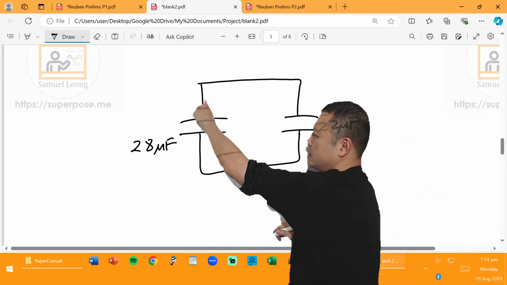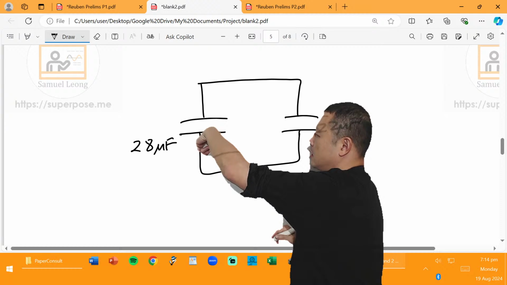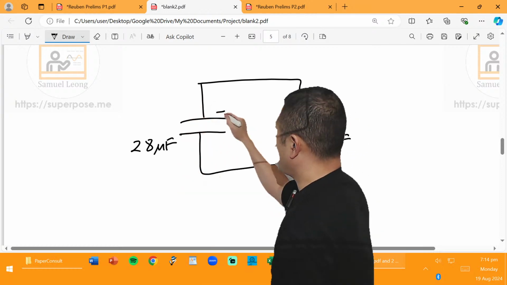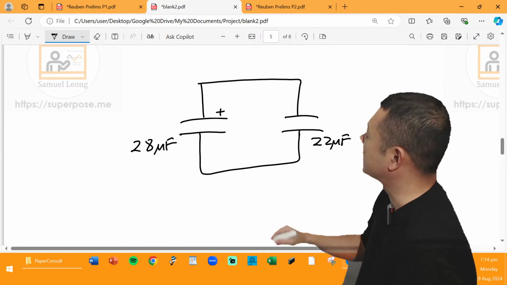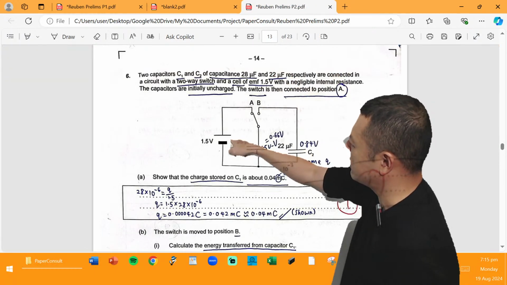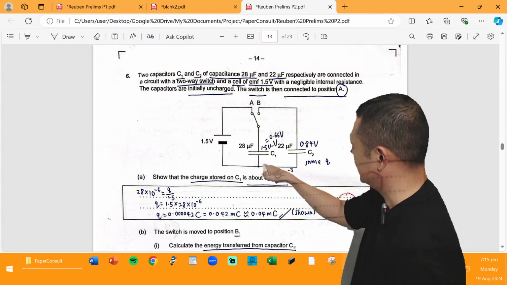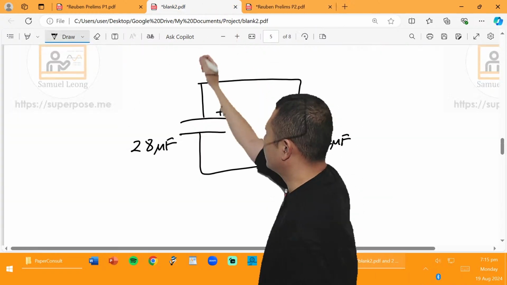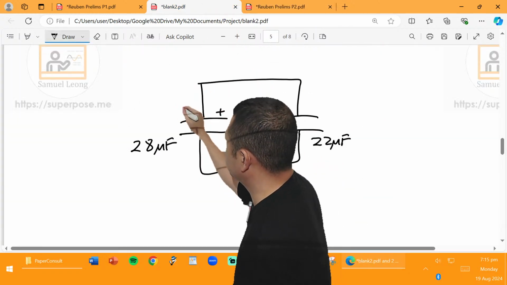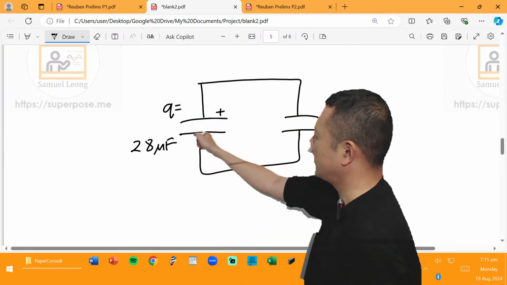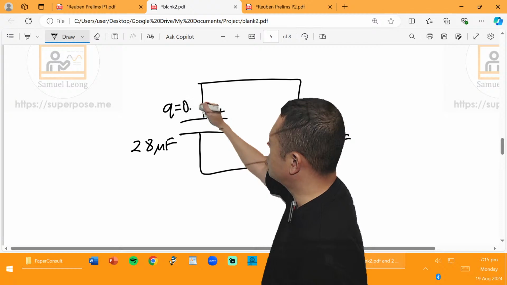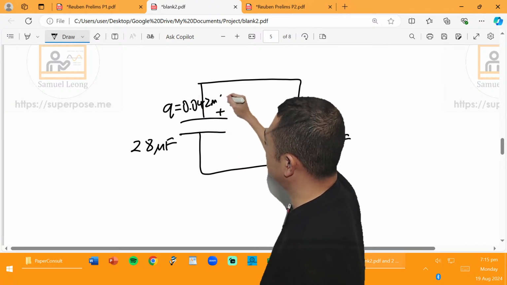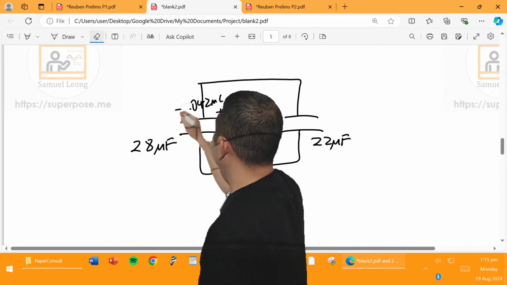Which side is the positive side when it was charged? The top part is positive, is it? Why is that top part positive? How do you know? Yeah, because that's where the connector to the battery is. So this part here is positive. The bottom part is negative, right? So how much Q did you calculate just now? 0.042 millicoulombs.